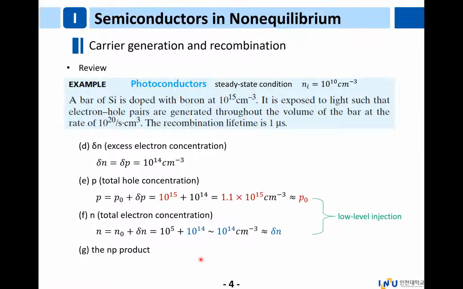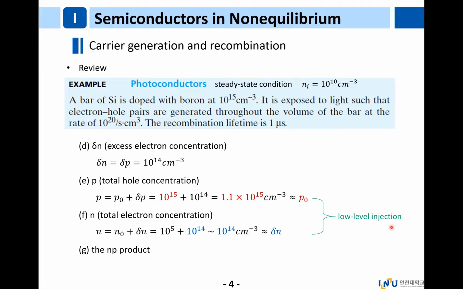This situation, where there is a rapid change in the minority carrier concentration and almost no change in the majority carrier concentration, is referred to as low-level injection.